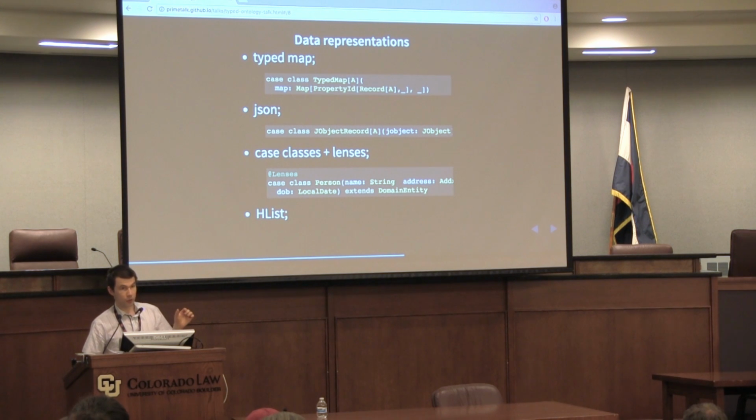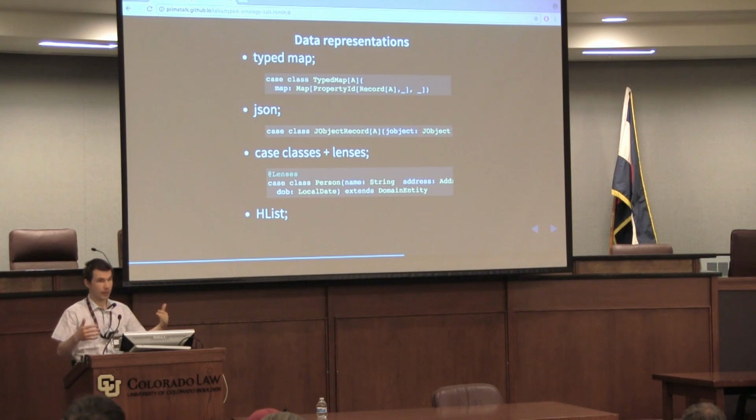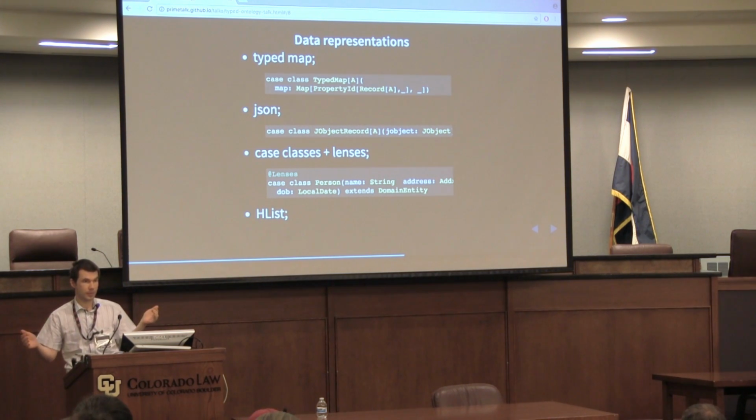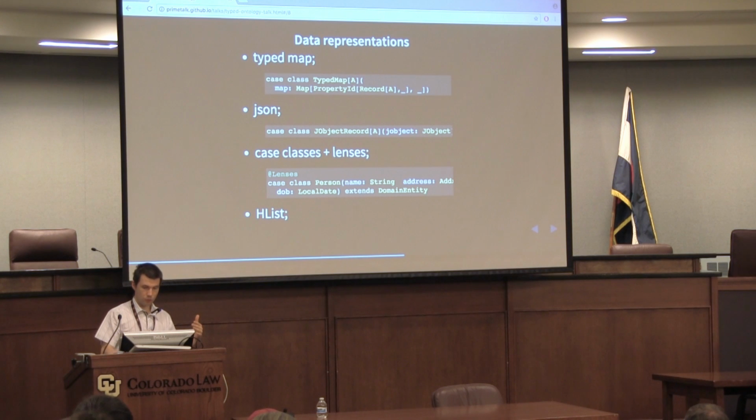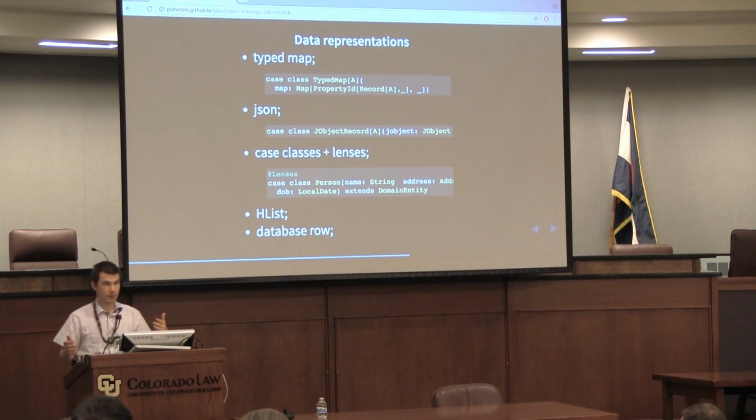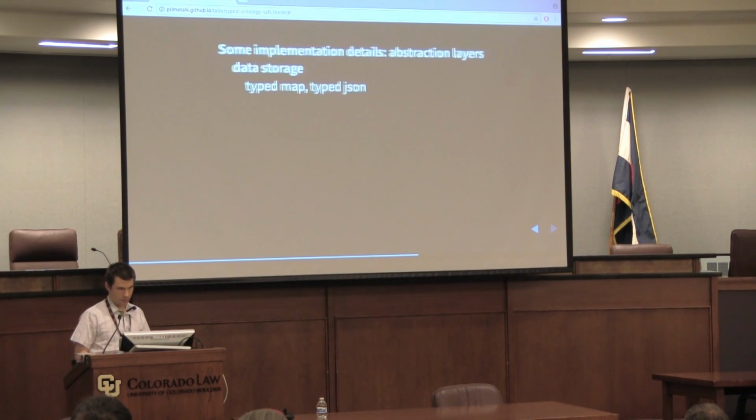The other important thing is that we can map our data into HList in a type-safe way, because on the property side we have the type of the data which is in that property, and from that we can construct an HList that contains all the things typed, and this gives us a way to interop with Slick or other database access layers. And of course, custom representations are also possible.